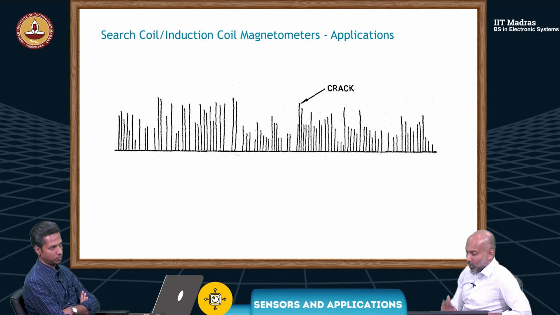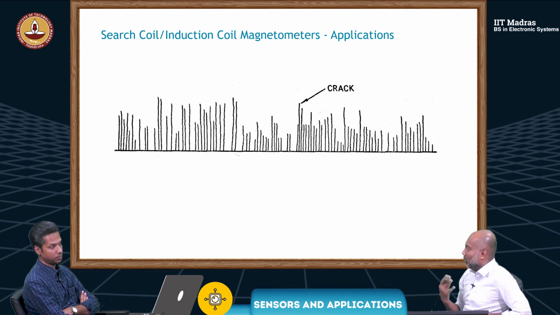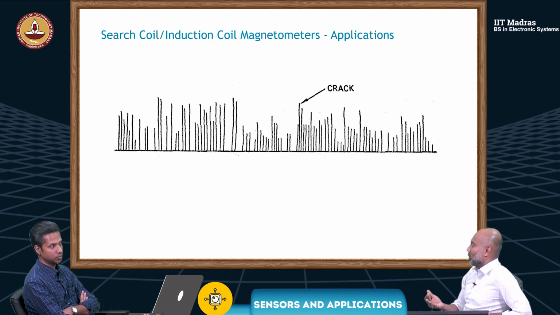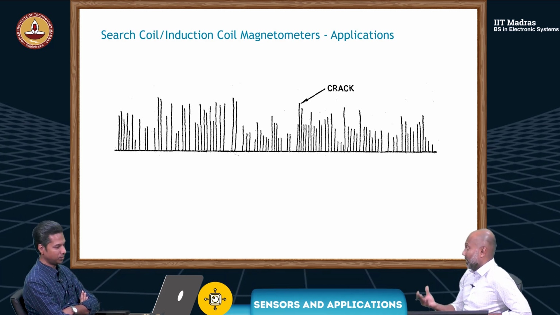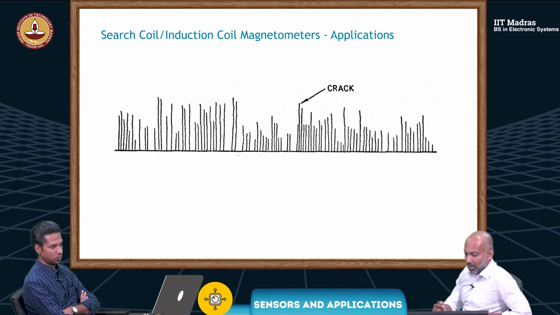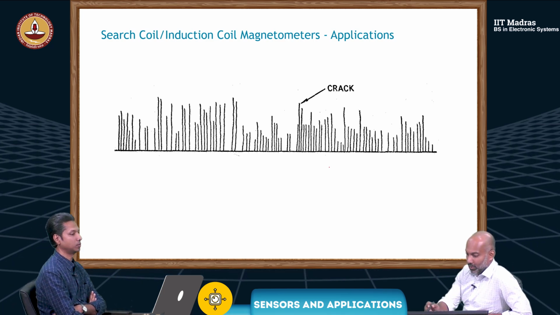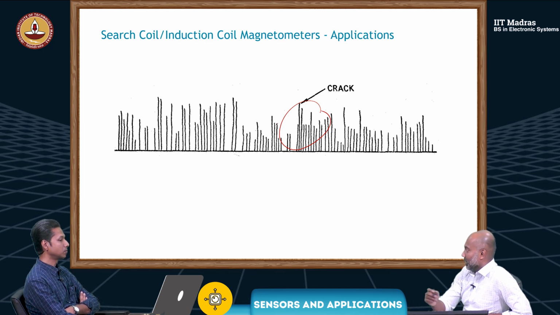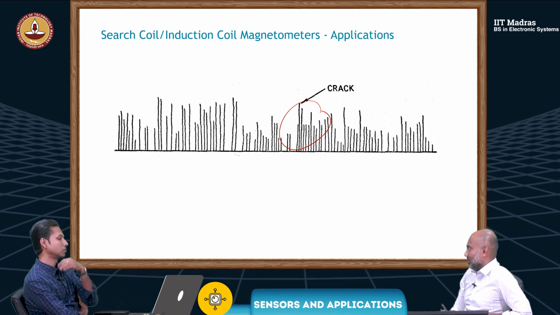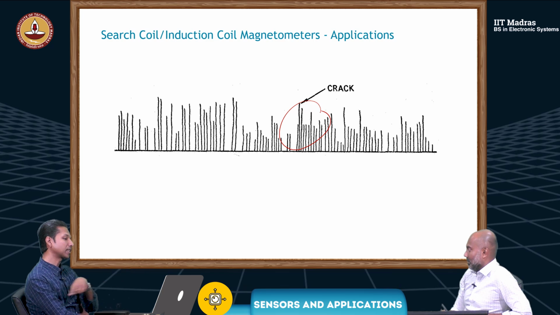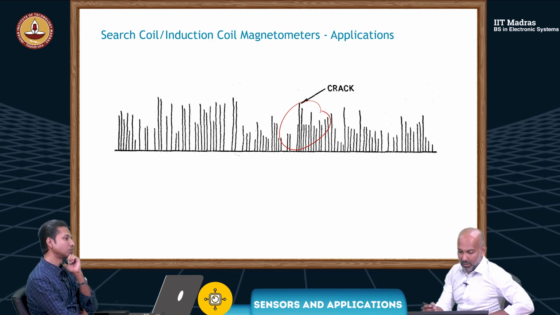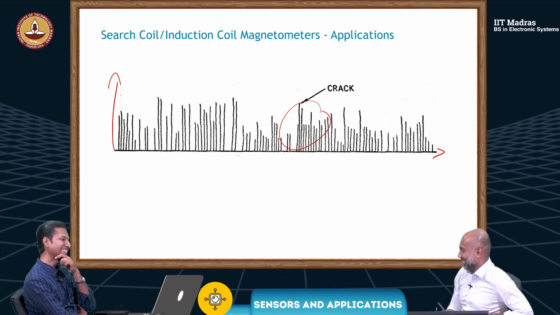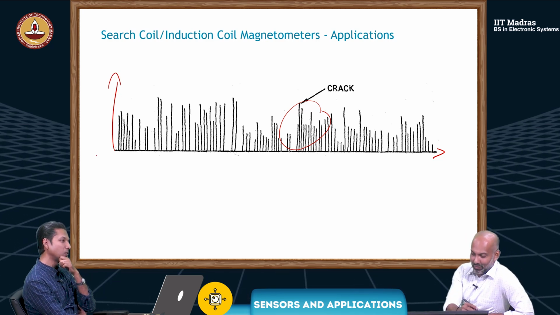Another method. Now, when you are looking at the output, let's say that specimen or material has a crack. But if you look at the output, that crack could be masked within a lot of different frequencies. So what is the x-axis here? I'm looking at, let's say, different frequencies.